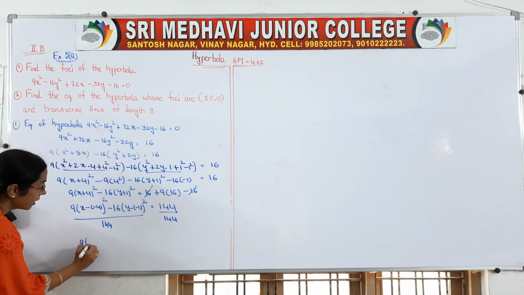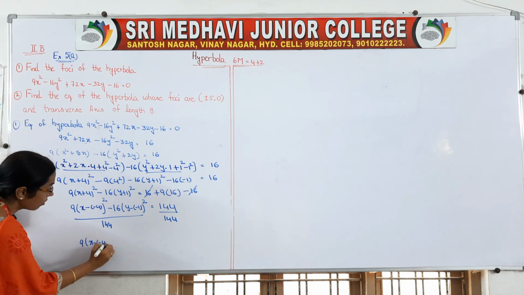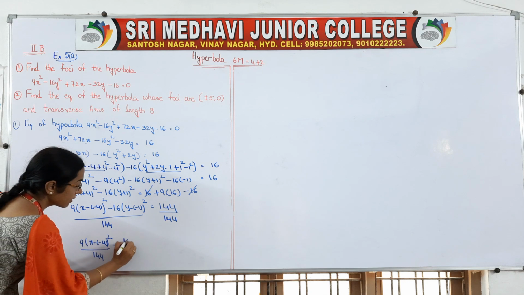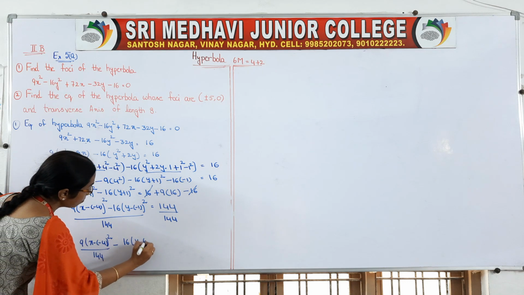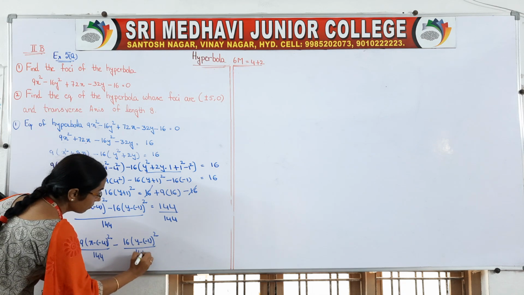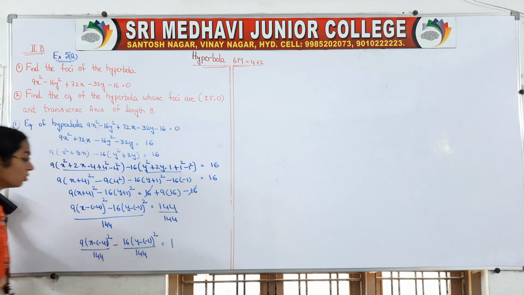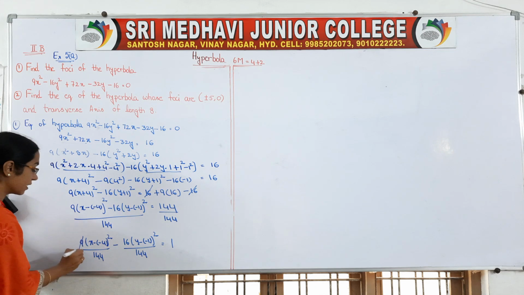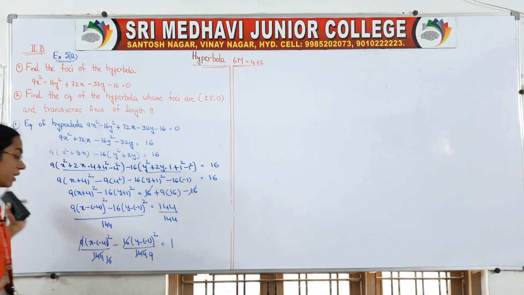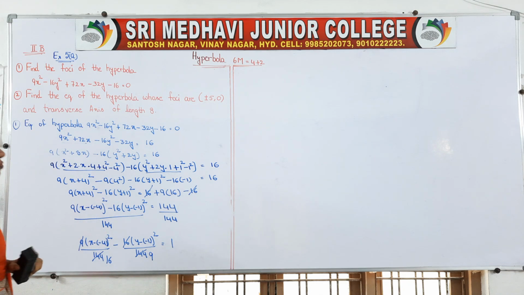It is 9 into (x minus of minus 4) whole square by 144 minus 16 into (y minus of minus 1) whole square by 144 is equal to 1. So 9, 16s and 16, 9s, we can cancel 144.